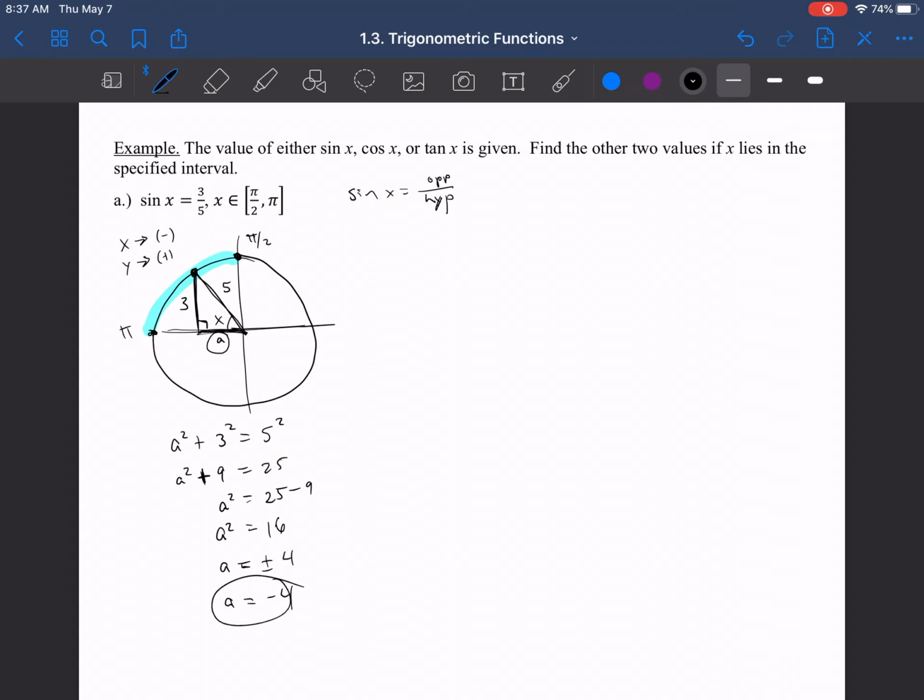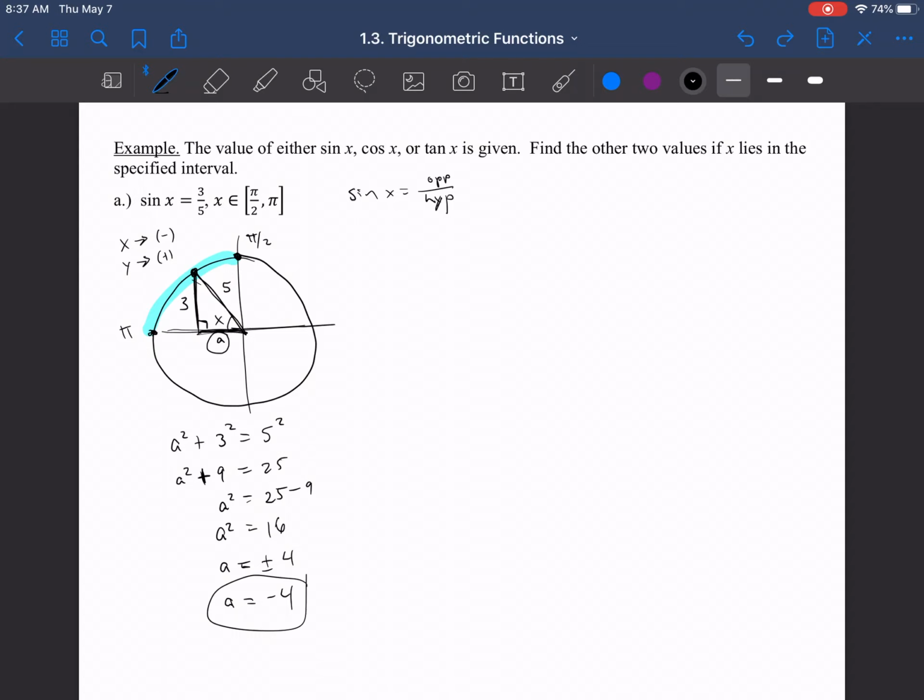Make sure that's the one you're picking. That's why we drew this picture here. That's why I put the triangle inside the interval where they told me that x was, inside this pi over 2 to pi, because I can see immediately that I want the negative version of that answer.